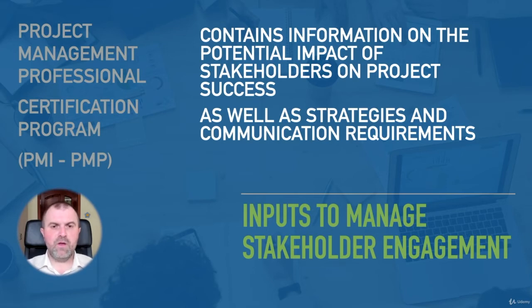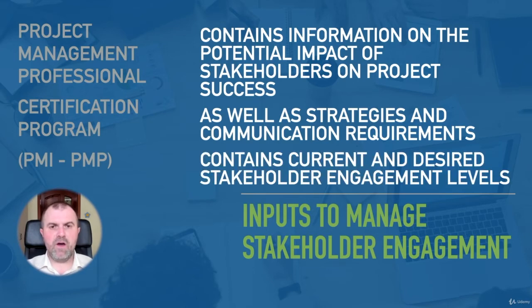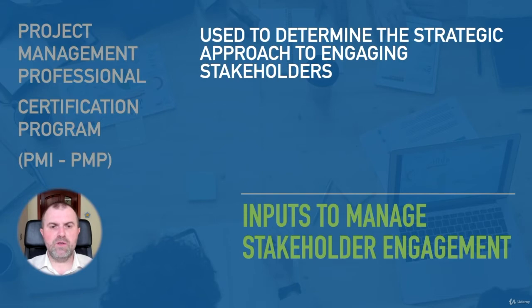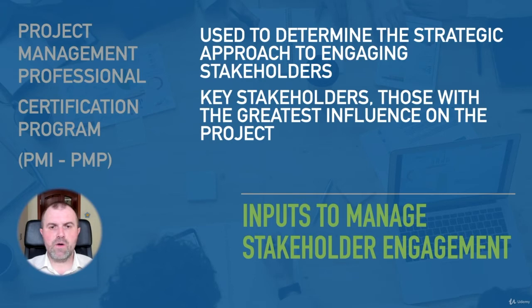It also contains current and desired stakeholder engagement levels. These levels are used to determine the strategic approach to engaging stakeholders in relation to their importance to achieving objectives. Key stakeholders, those with greatest influence on the project, should be engaged at an optimal level.